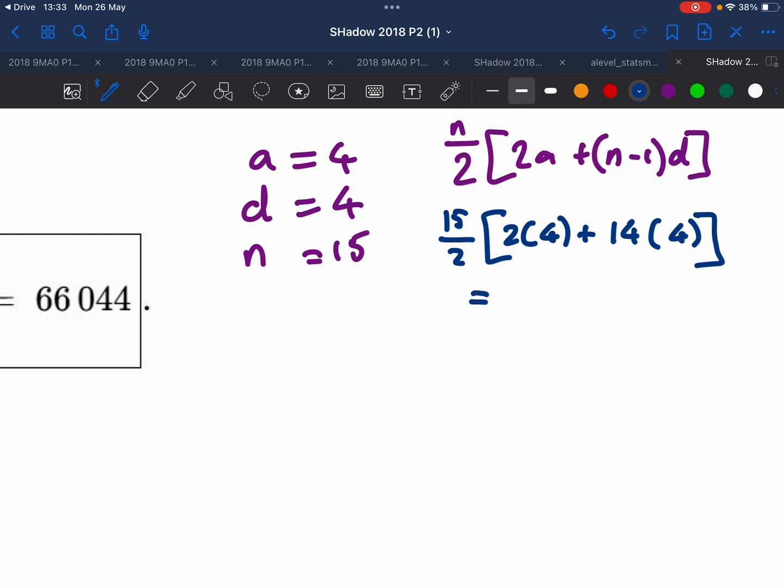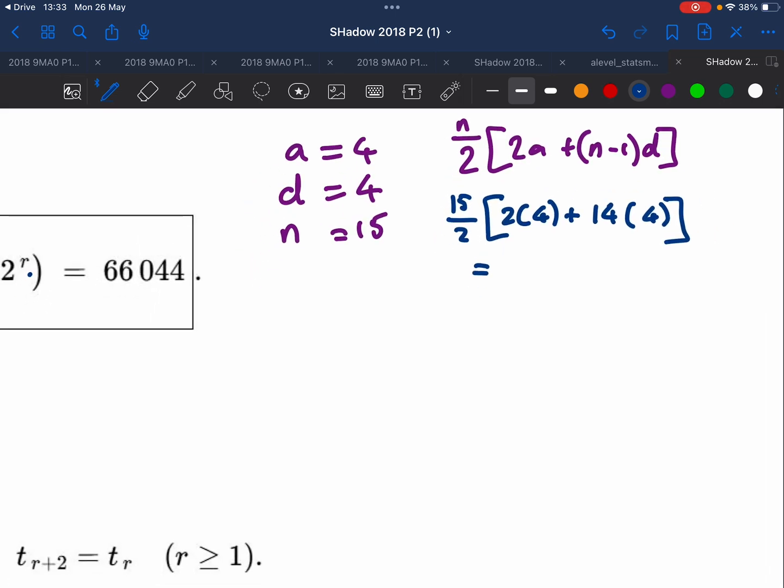That would give you your sum for that part. So let's start typing that in. The fraction is 15 over 2, then 8 plus 14 times 4, and then an ending bracket. So I get 480 from that bit.